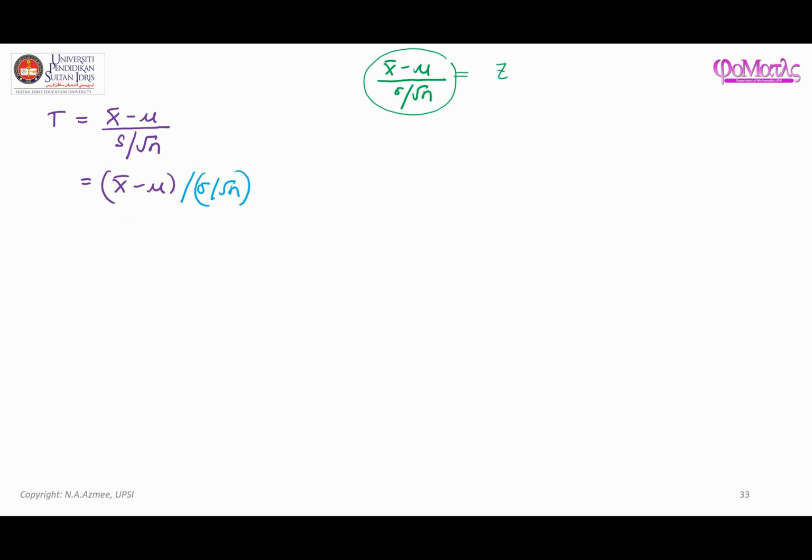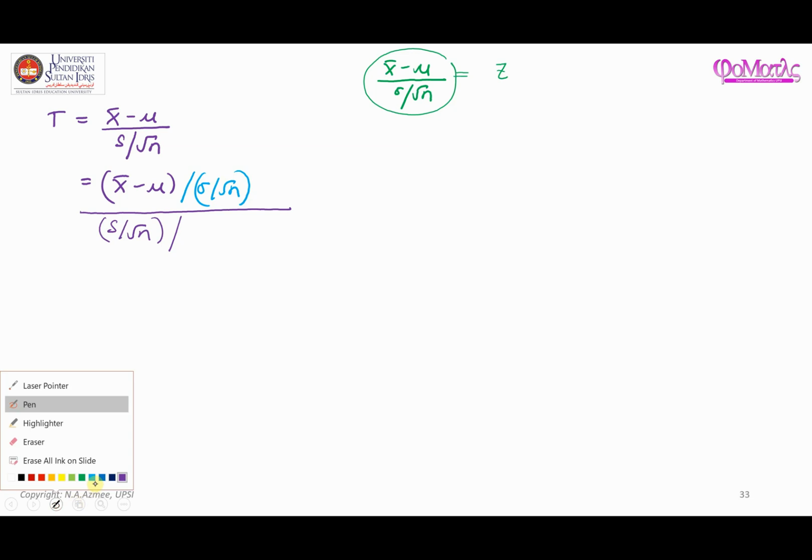And because of that, the bottom part also has to be divided by the same thing in order not to change the original expression, right? Because by doing that, it is as if I introduce nothing, because when they cancel out, it becomes just 1, and you get back the original expression, which is this one.